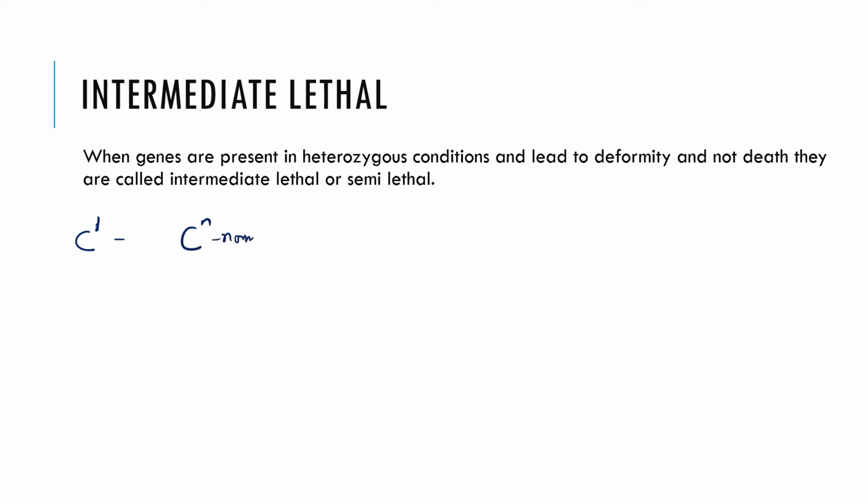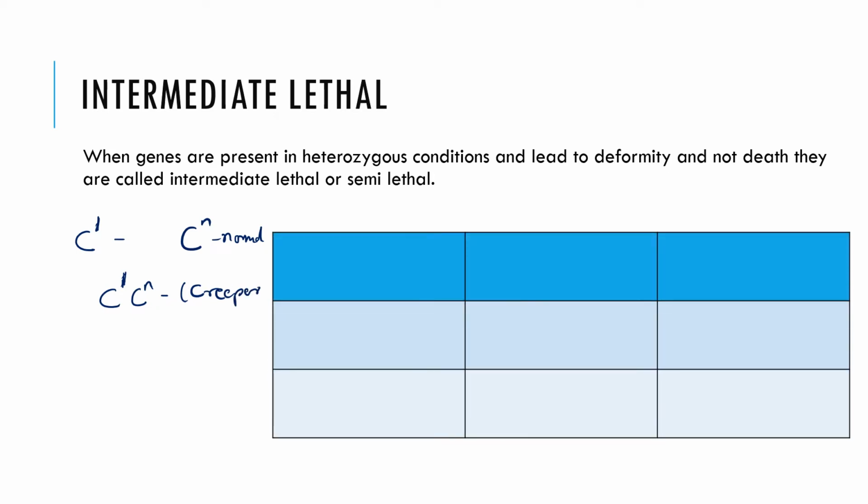So we'll have normal and lethal. And if the genotype is heterozygous dominant, one lethal allele in combination with one normal allele, the offspring will be a creeper. Let's see what happens over here. Let's make a Punnett square again. There's a male and a female.